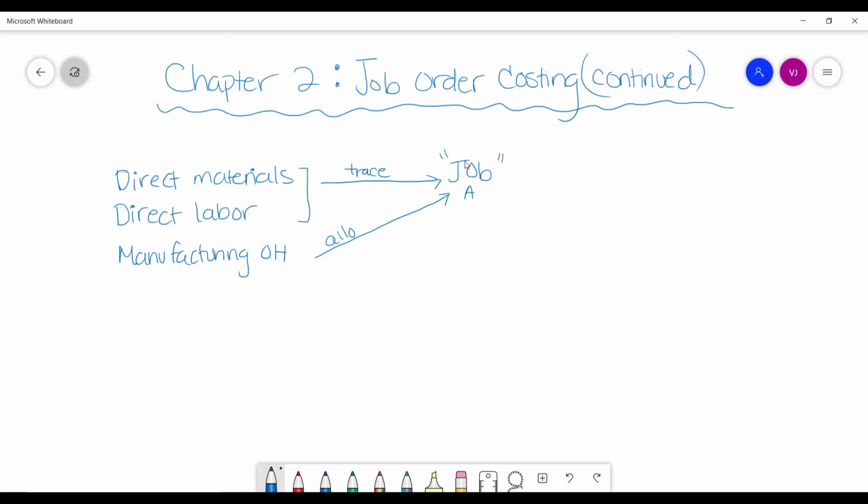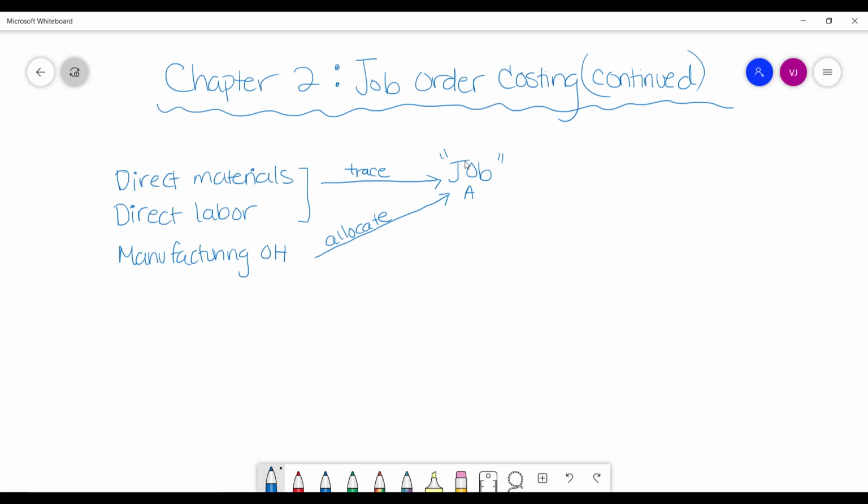That's why instead we allocate all of the manufacturing overhead that's incurred in a period. Whatever portion, we allocate that to job A based on an estimate of what portion of that job A is responsible for. Although it's indirect, we can allocate that using an allocation base, which we're going to get to in a second.